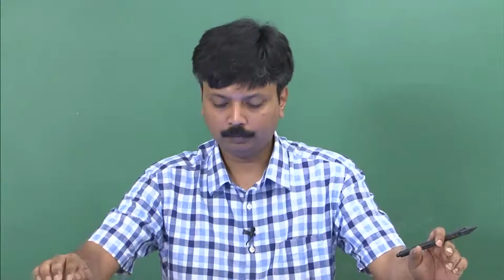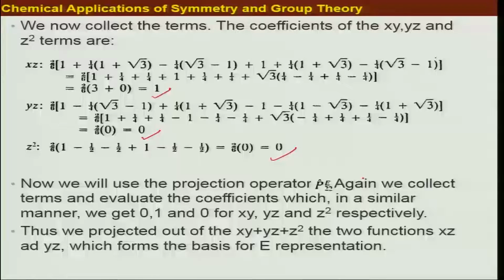Okay. So this one will be xz. So, you know, xz and yz will form the basis for representation E. And also you see that z square is completely abolished by this projection operator.